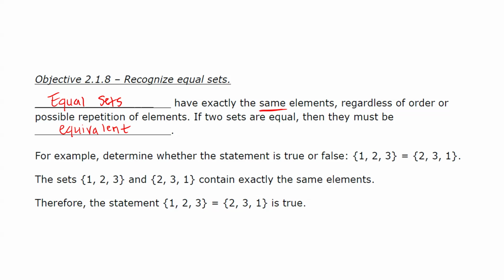So if two sets are equal, then they must be equivalent because they have the same elements. However, if two sets are equivalent, they are not necessarily equal, because equivalence only counts the distinct number of elements. Repetition doesn't play into the cardinality, but it does play into equality.